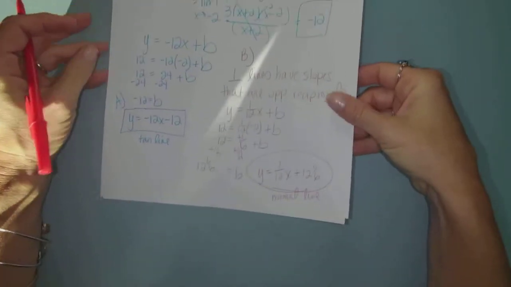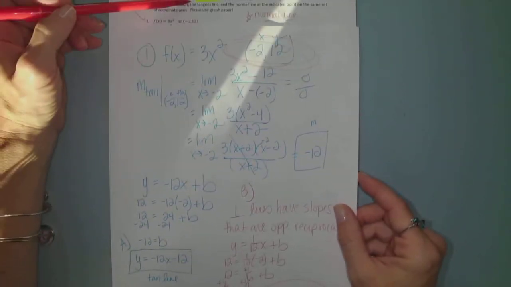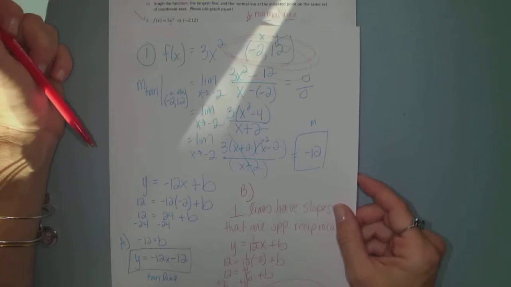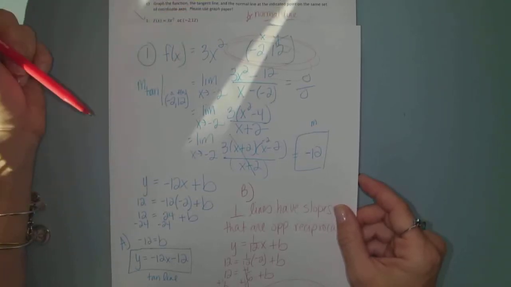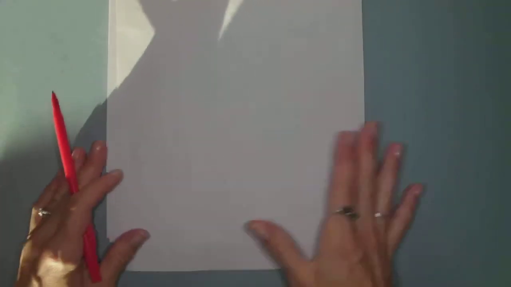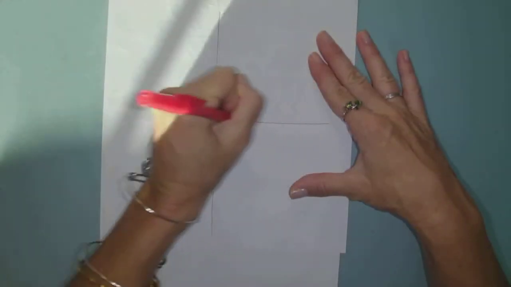Okay, then part C asks me to graph the function, the tangent line, and the normal line at the indicated point on the same set of coordinate axes. Please use graph paper. I didn't grab a piece of graph paper, so I'm just going to do it the best I can over here. So you're going to draw your y, draw your x.